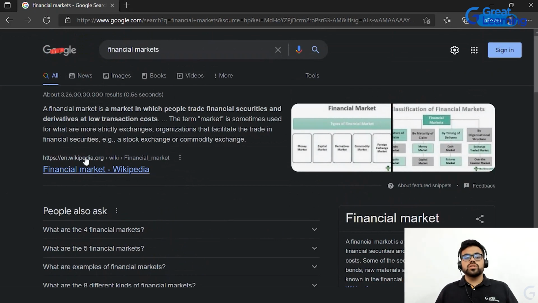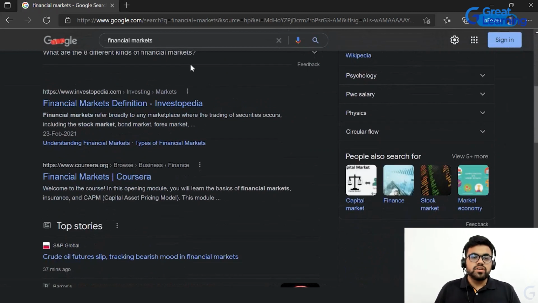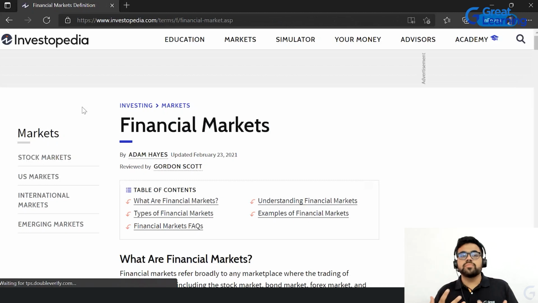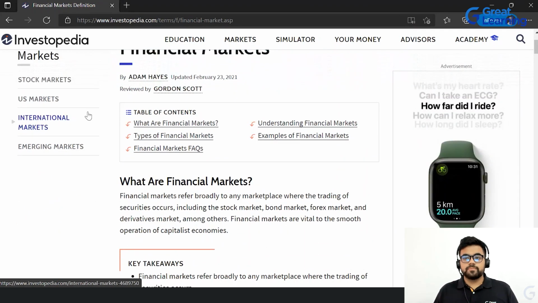Now, according to Google, this first website, Wikipedia, gives the most amount of knowledge regarding this particular term that I searched for. The second is Investopedia. It tells us that this particular website, Investopedia, has a viable amount of substance that is required to deal with it, right?